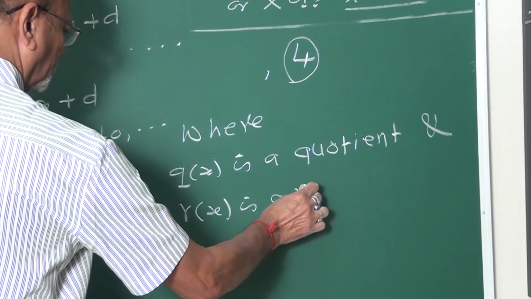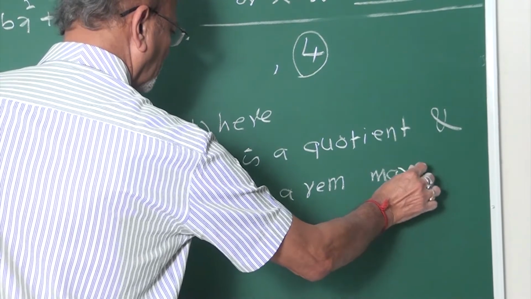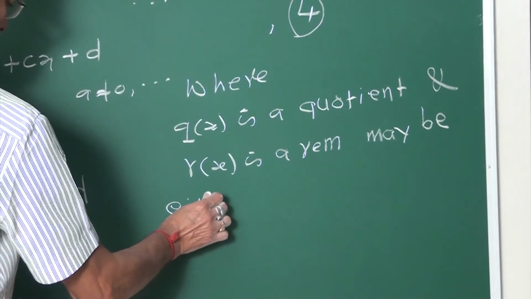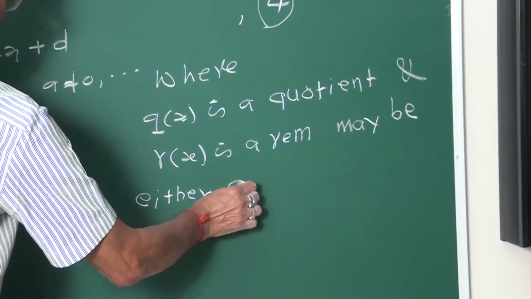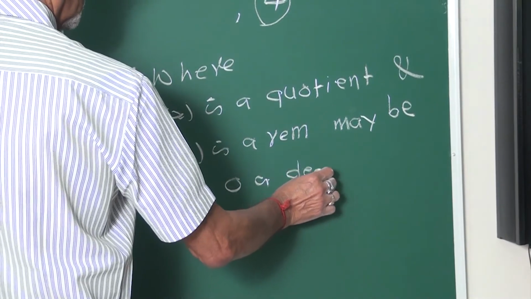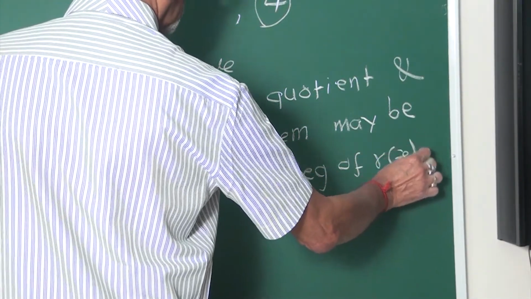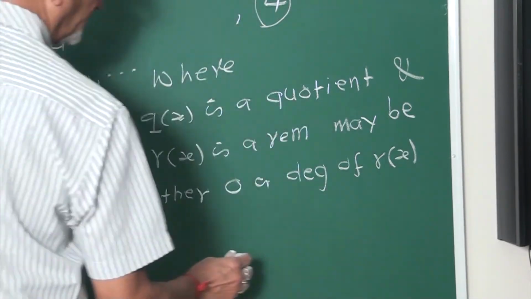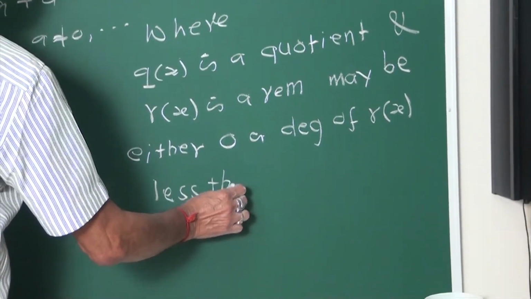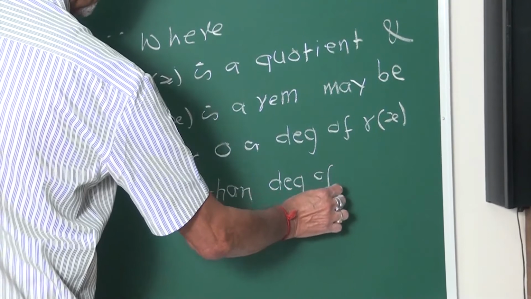Rx may be either 0 or its degree must be less than degree of gx.